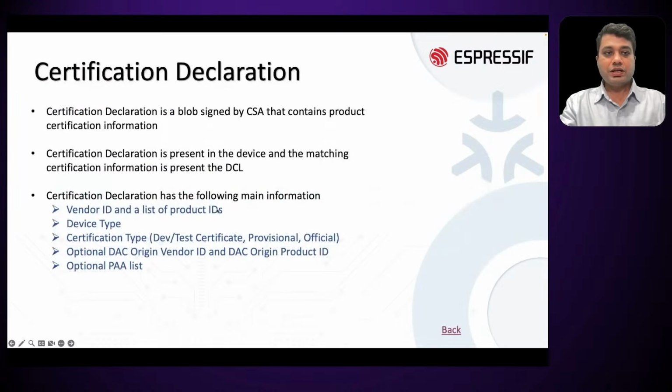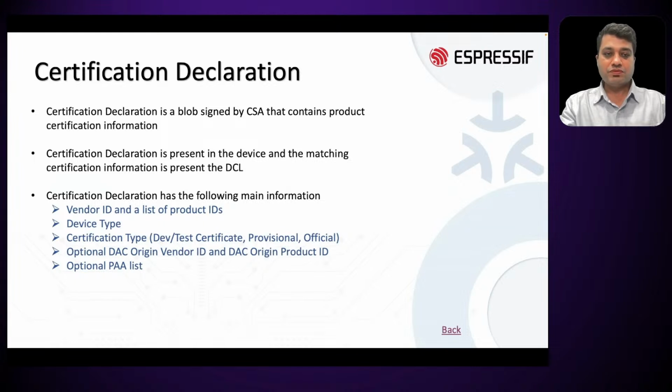The certification declaration is a blob that is signed by CSA and that contains the product certification information. The certification declaration is present in the device, and the corresponding information is also made available in the DCL. It has all the required information to identify the Matter certification for this product, which includes the vendor ID and a list of product IDs.